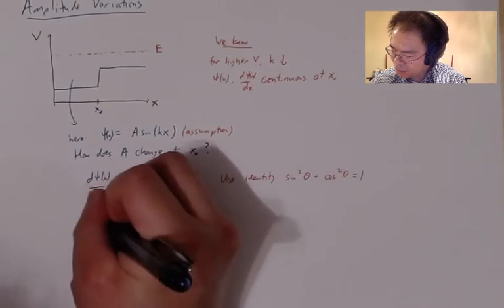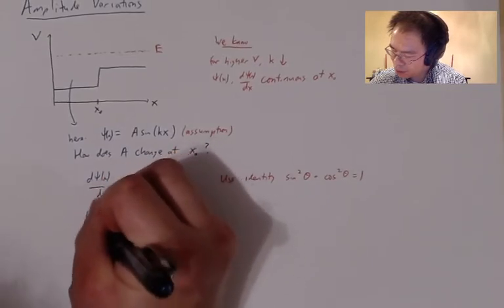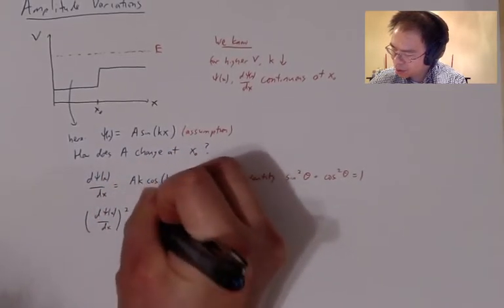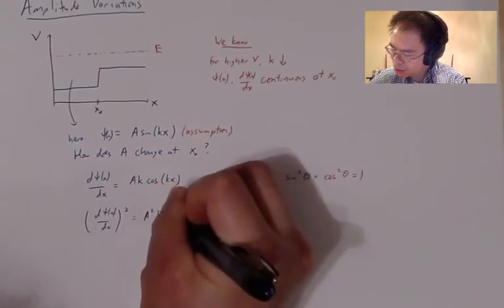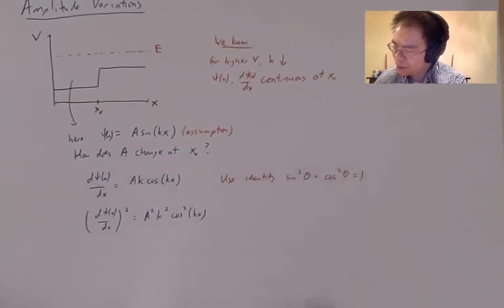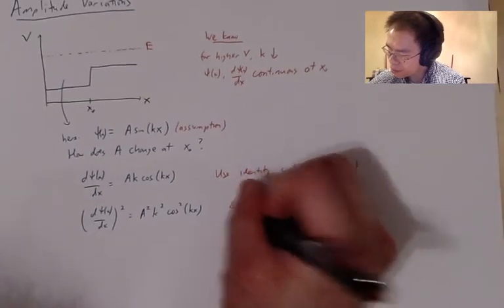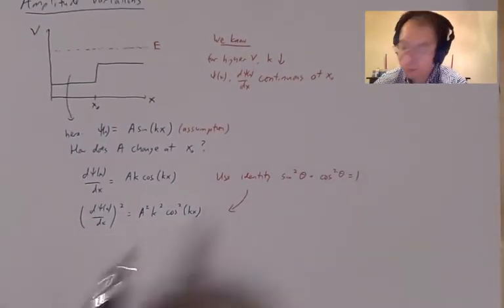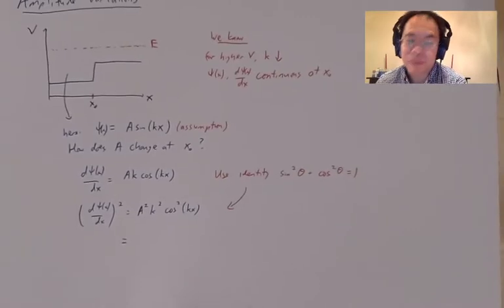So if I square d psi dx, then I get A squared k squared cosine squared kx. But if I plug in my identity here, this gives me that cosine squared is equal to 1 minus sine squared.